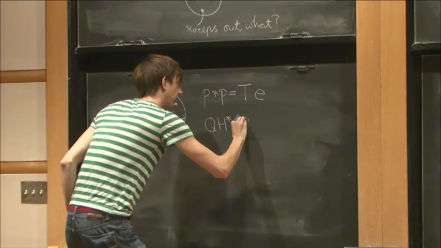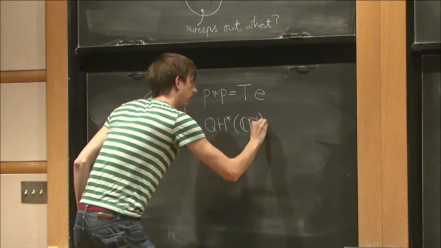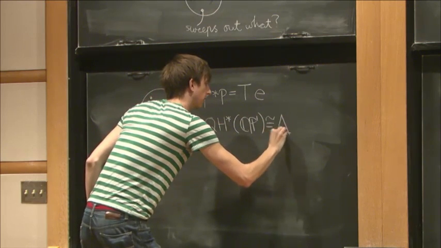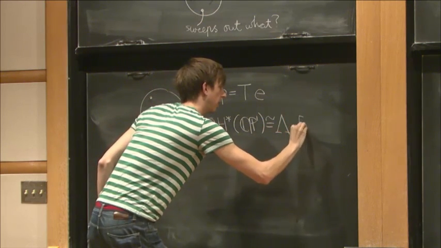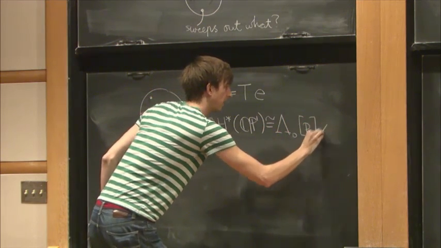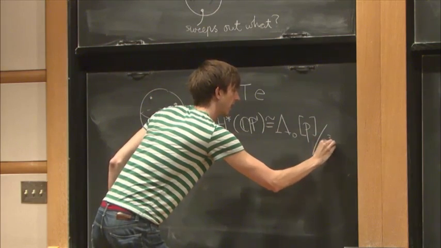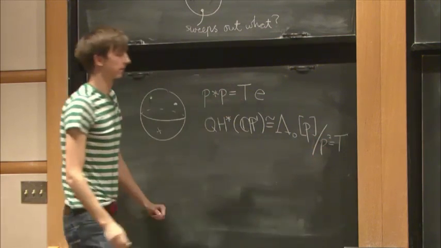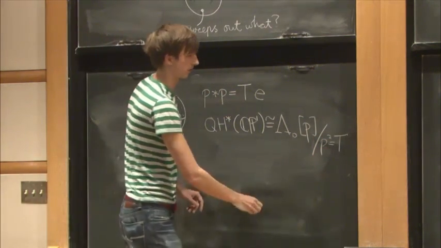So we have quantum cohomology of CP1 is lambda naught polynomials in P mod P squared equals T. Sorry if that's not visible.